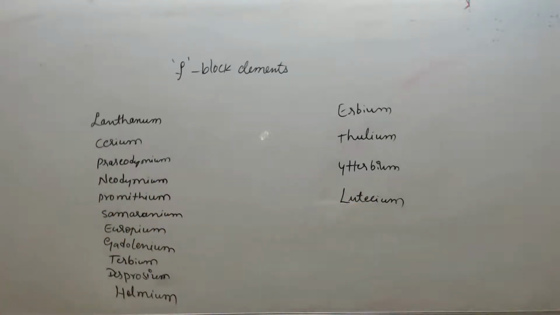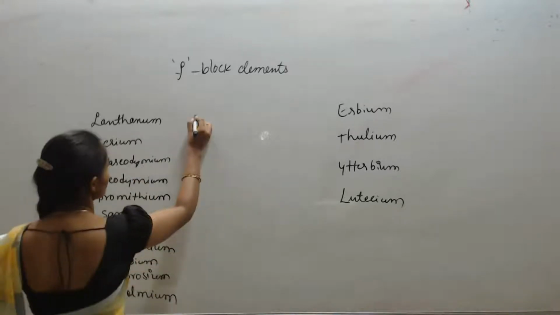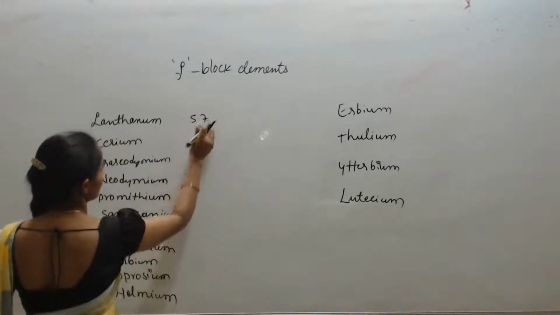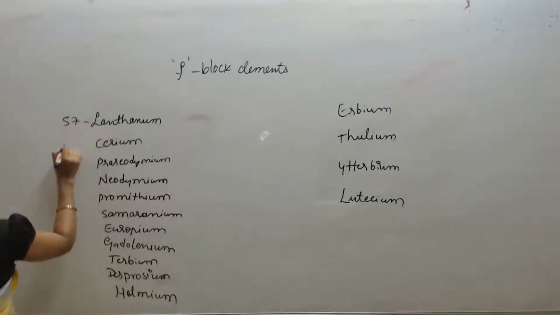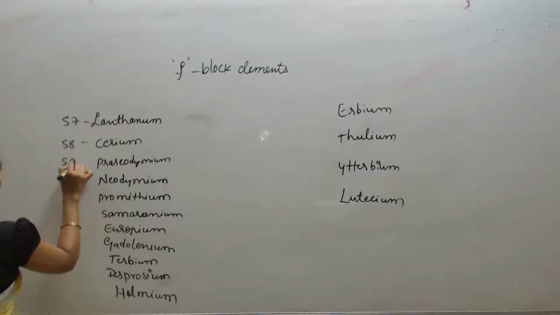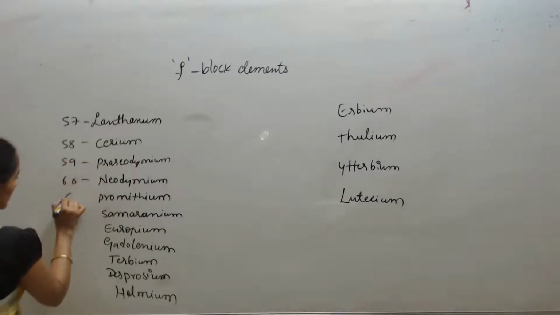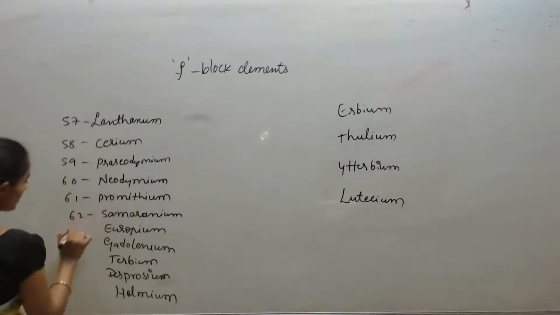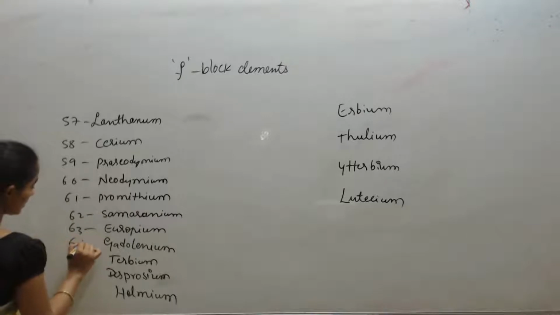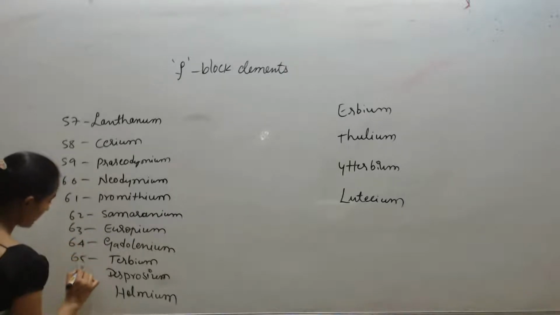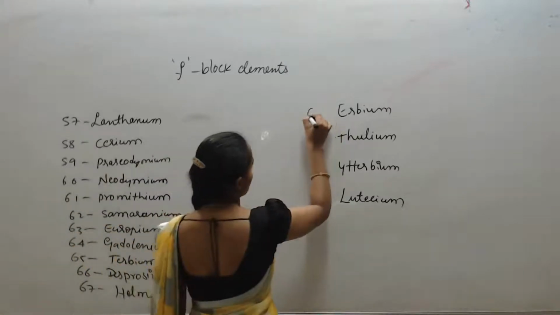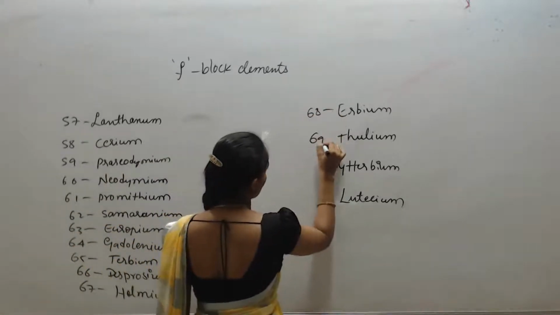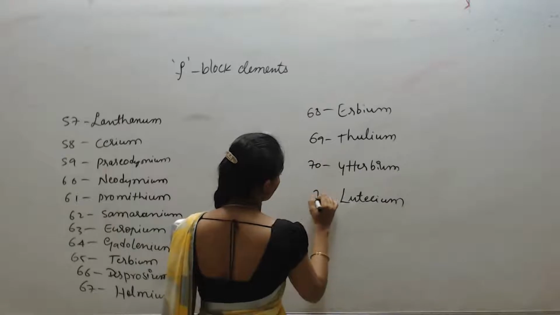So students, here we are going to write the atomic number. So this is 57, and right here atomic number 57, 58, 59, 60, 61, 62, 63, 64, 65, 66, 67, 68, 69, 70 and 71.